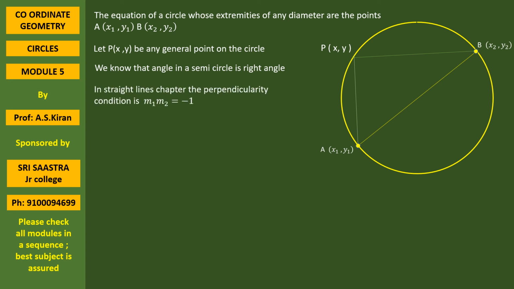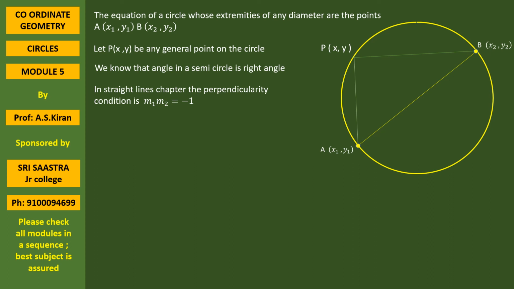In the straight lines chapter, the perpendicularity condition is that the product of the slopes is equal to minus 1. What slopes do we need?